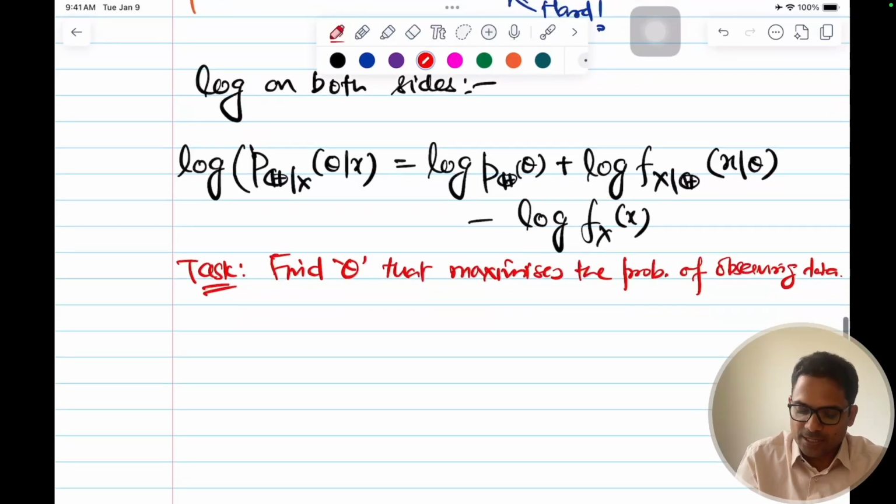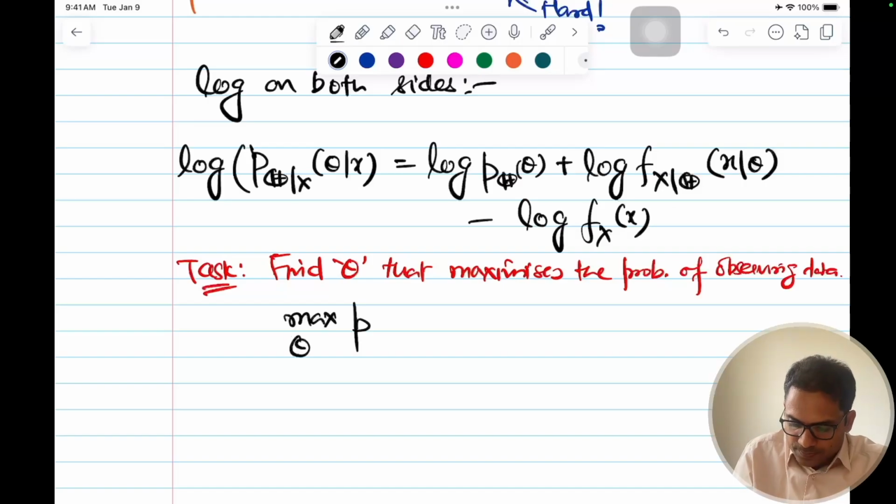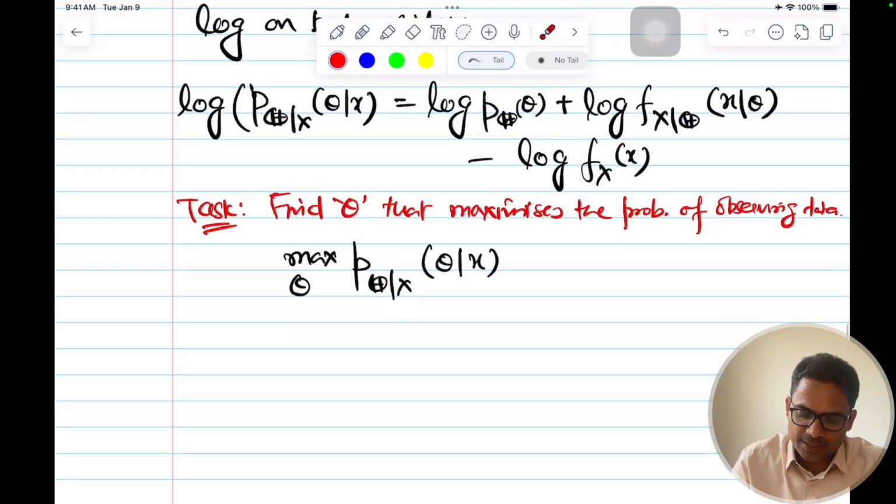So we have to find theta max, the argmax over theta of p(theta given x), which will maximize this probability.